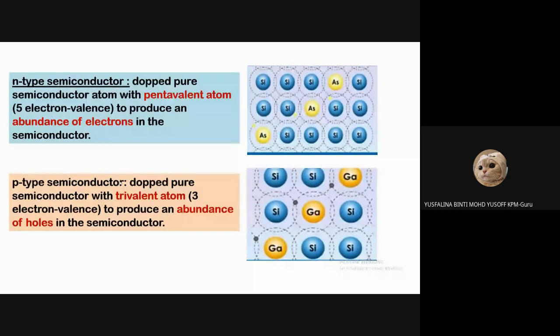You already know the valence shell must have 8, so 1 is not enough, and that one will become a hole. This hole is a positive charge. So we dope the pure semiconductor with a trivalent atom to produce an abundance of holes. For the N-type they have more electrons than holes; for the P-type they have more holes than electrons.